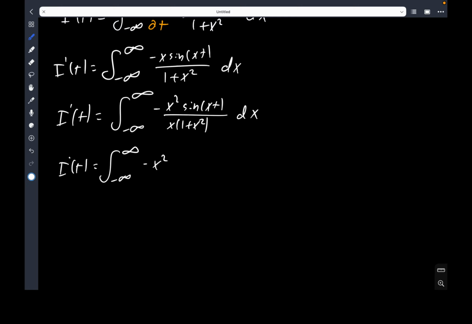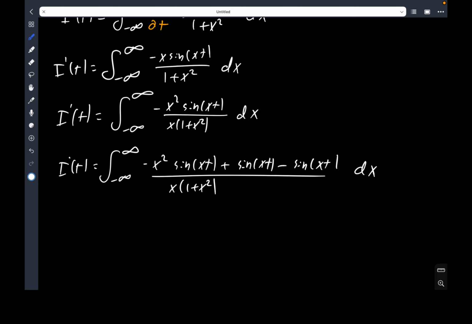Negative x squared sine of xt plus sine of xt minus sine of xt over x times 1 plus x squared dx.